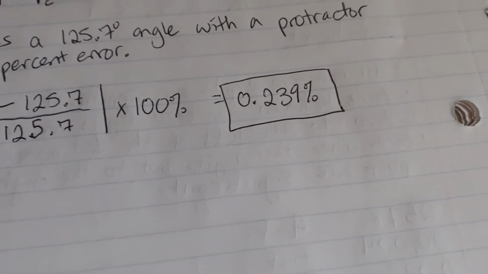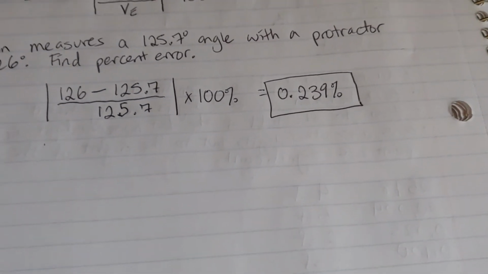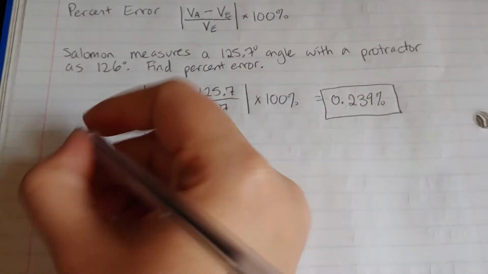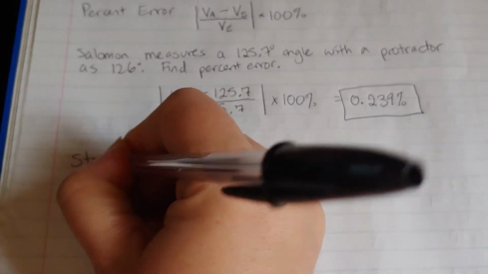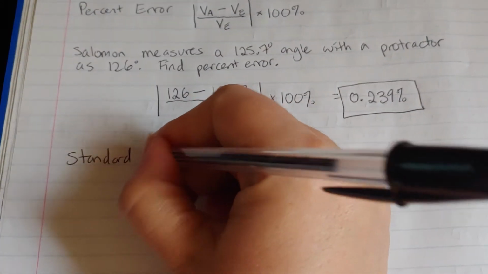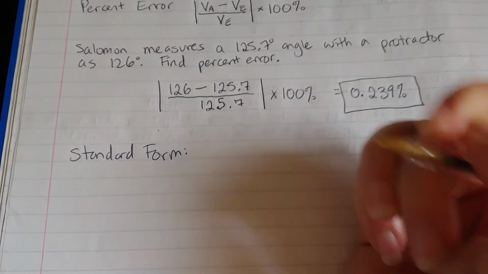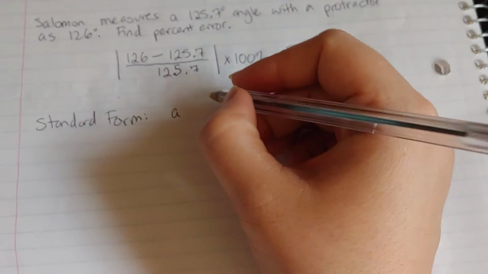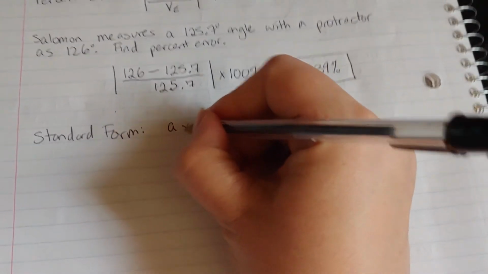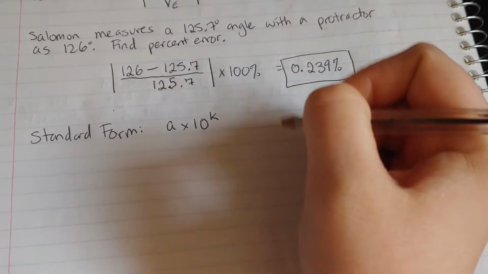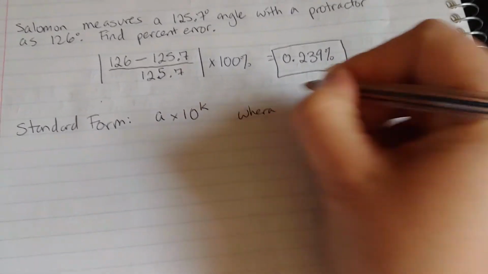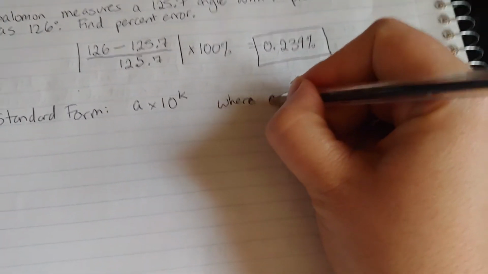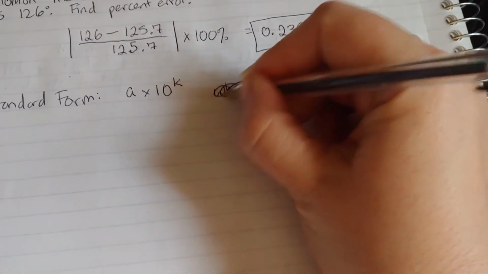So, when we write numbers in standard form, we have them as A times 10 to the K, where, actually, let me write that better.